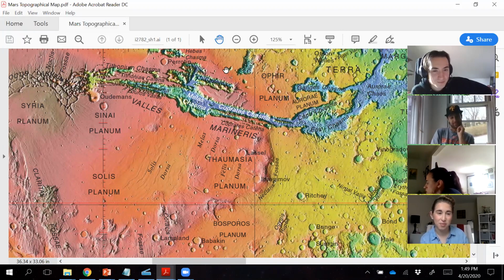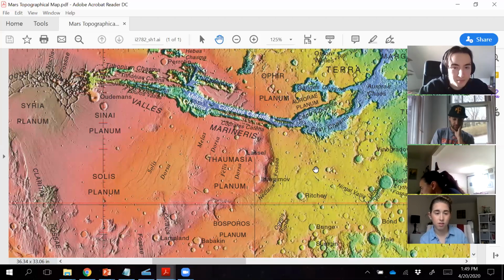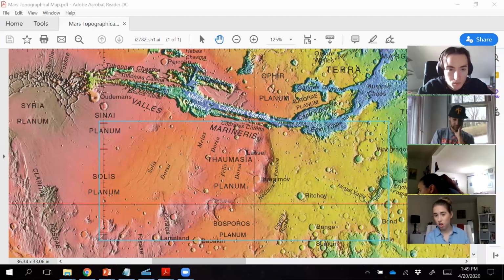They're asking us to block off a region south of the canyon between longitudes 45 and 100 degrees, which in the interest of time I'll draw out for you here using a box. They want us to compare this zone down here. Do you guys see the natural boundary between two different plains that they're talking about? What's the boundary they're referring to?